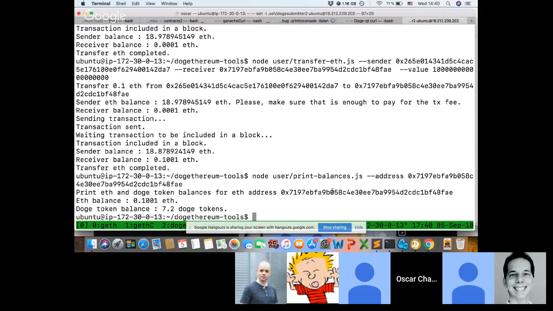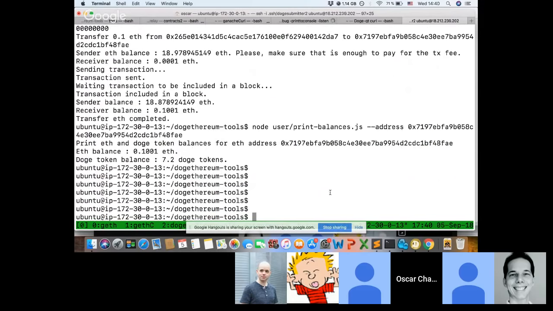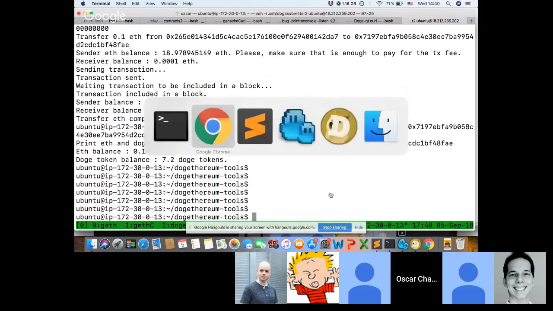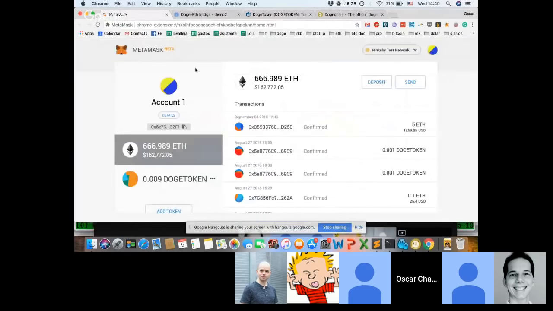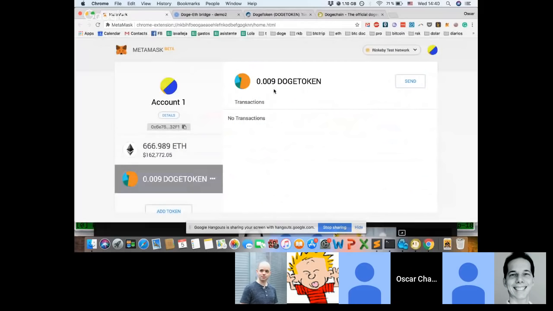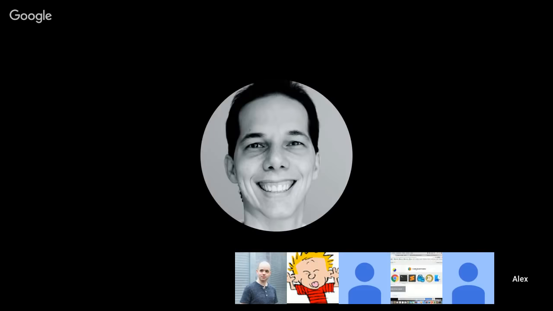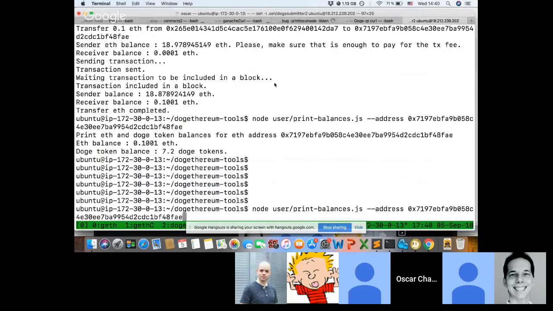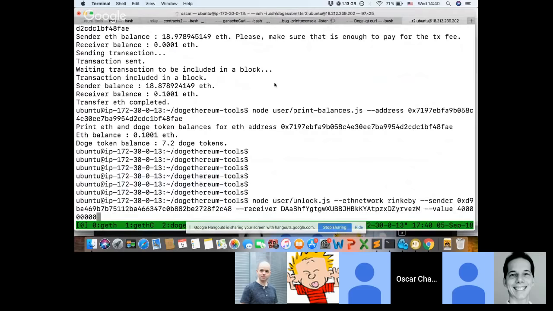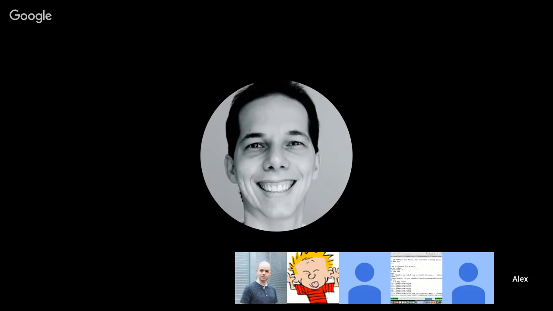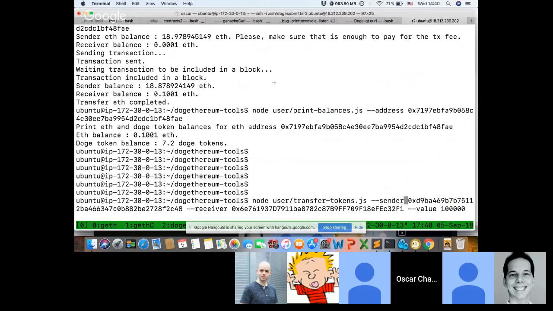Okay, so now what I will try to do is send some of my tokens to my MetaMask wallet. I'll go to my MetaMask wallet. Here you can see that I already have some Doge tokens, but I will try to send a couple more. So I will use the transfer tokens utility. Transfer tokens.